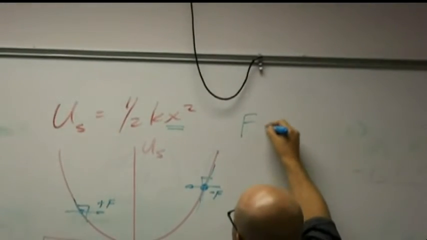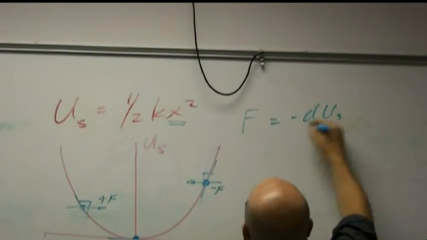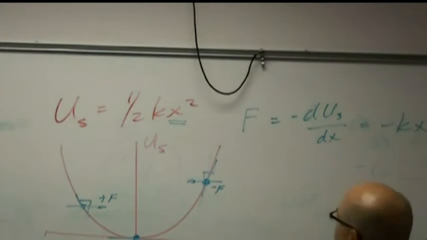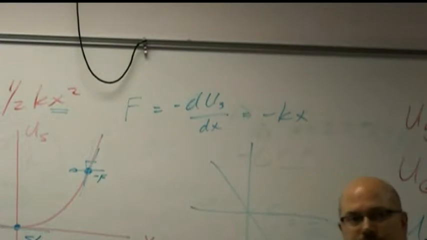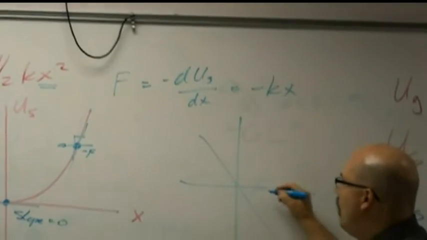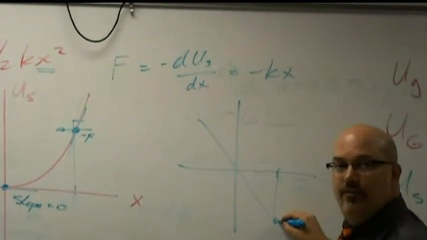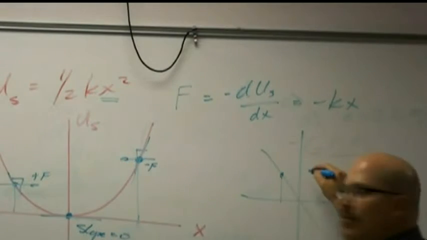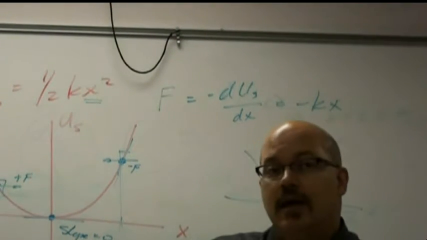What's the negative derivative of this? It's negative kx. So if I was to graph that, it's going to look like this. When I'm over here at this location, I have a negative force. And when I'm over here, I have a positive force that pushes the object back.